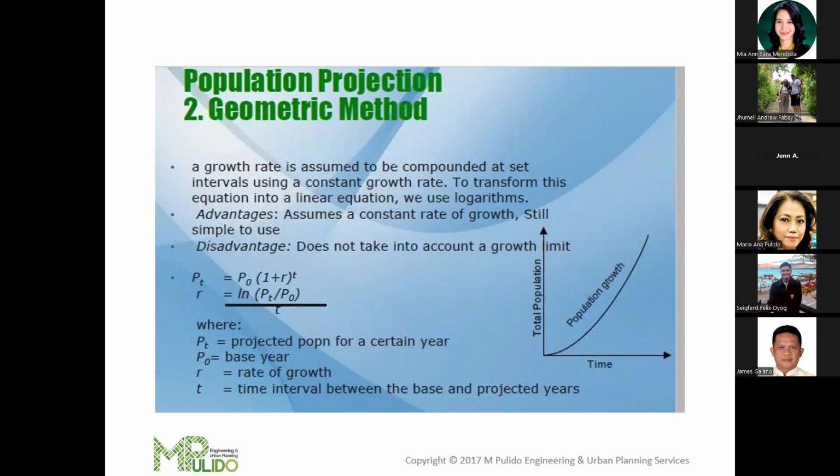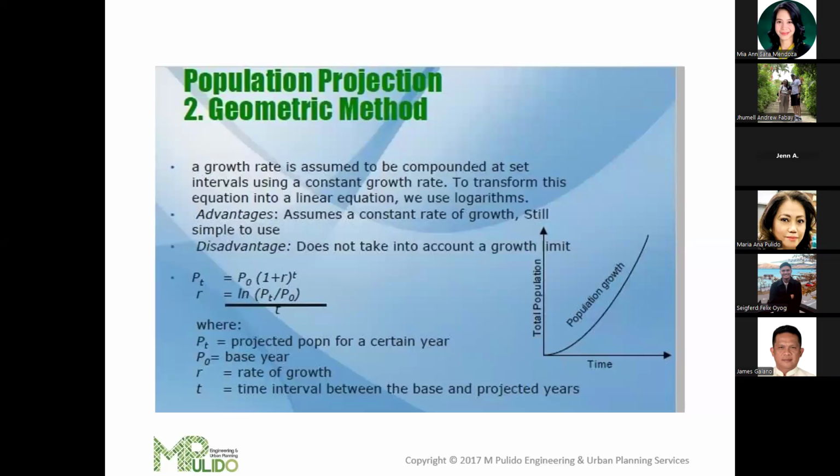And the formula is PT equals P0 times (1 plus R) raised to the T, where PT is the projected population at time T, P0 is the population at the base year, and R is the growth rate expressed as a decimal.